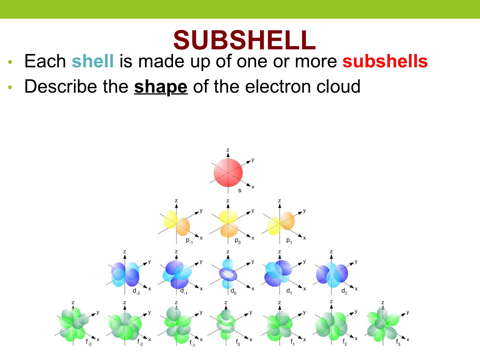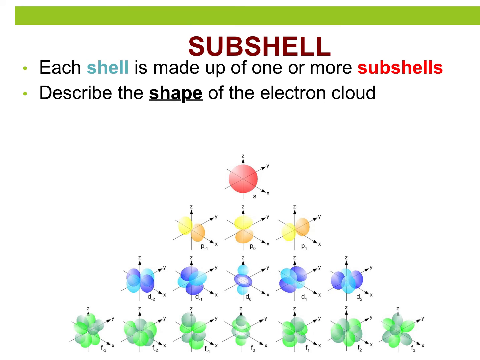The next term we use to describe electrons is the subshell. The subshell just describes the shape of the electron cloud. So in your notes, you can keep it very simple: the subshell just tells you the shape.